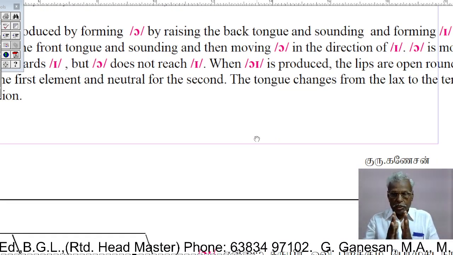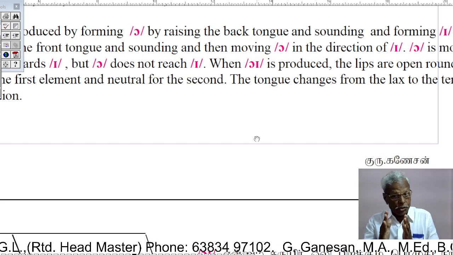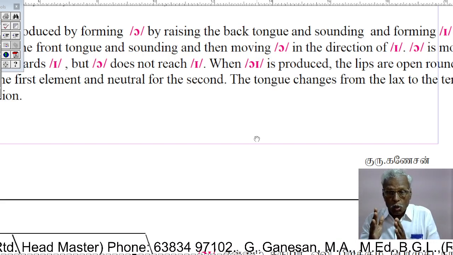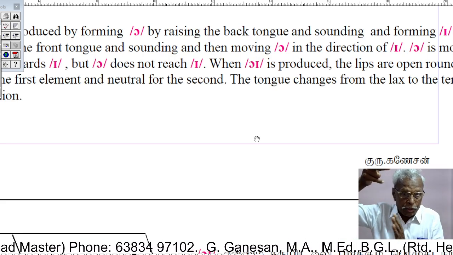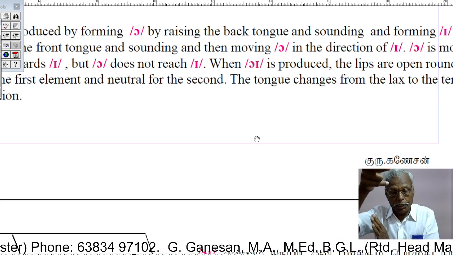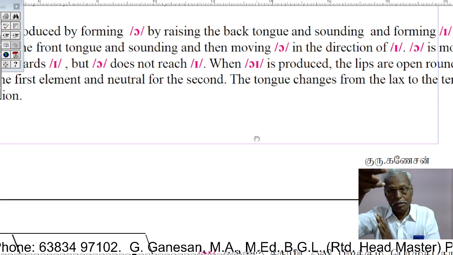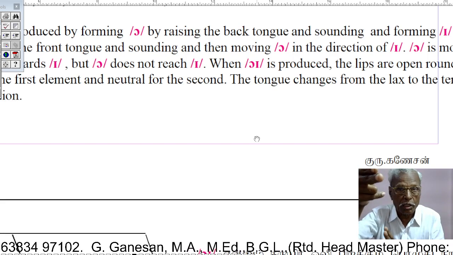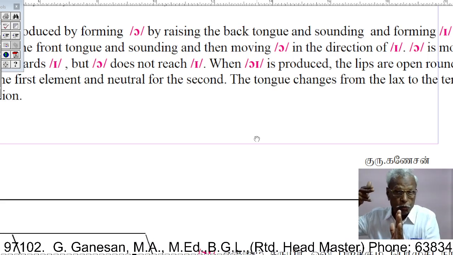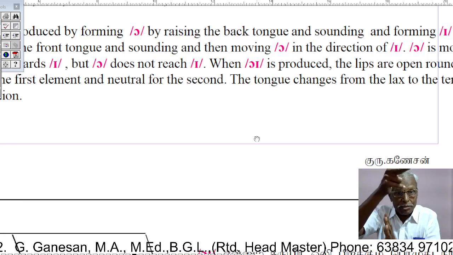Here we have to listen carefully. /ɔ/ is moved only in the direction of /ɪ/, but does not reach /ɪ/.